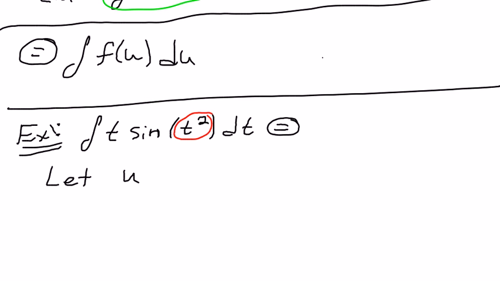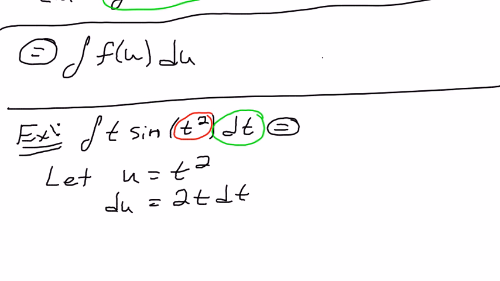We're going to let u equal t squared. The reason you can recognize this is because if you take the derivative of u, which is the derivative of t squared, you're going to have 2t dt. And within our integral, you can see that we have a t dt. So if we're going to substitute that out, we'll simply have du over 2 equals t dt.